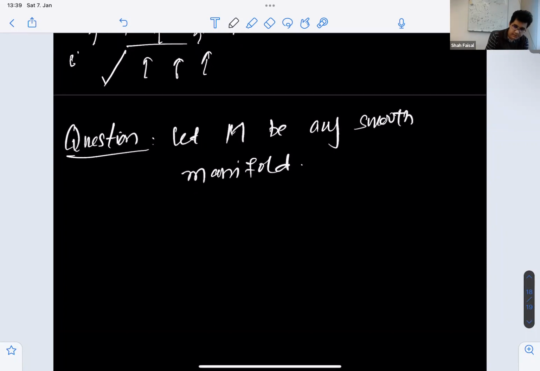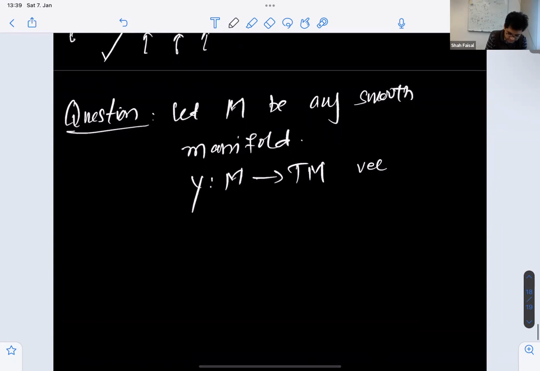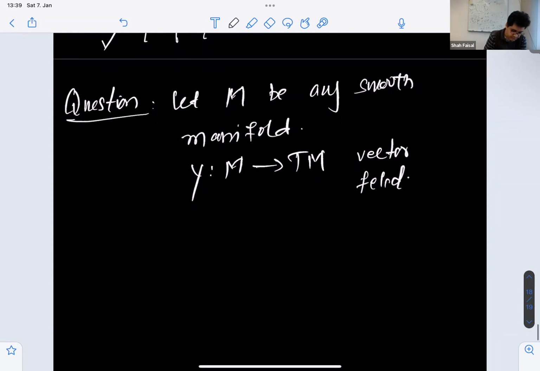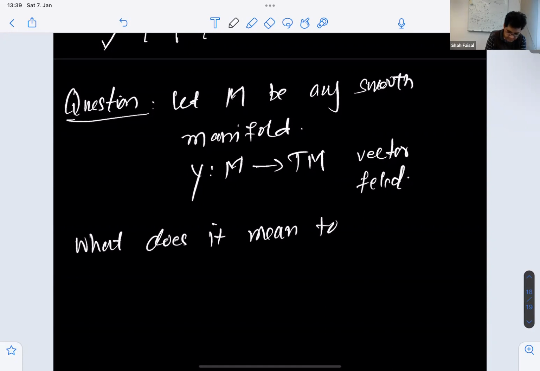And Y be a vector field. So it's a function from M to the tangent bundle. It's a vector field. Now, what does it mean to say Y is constant?